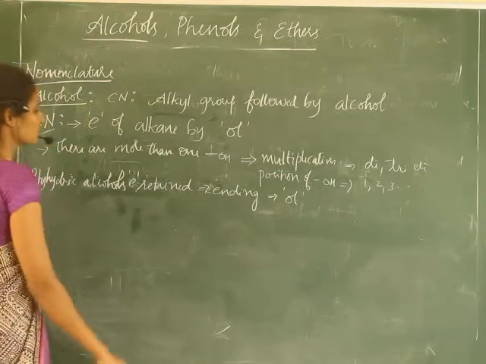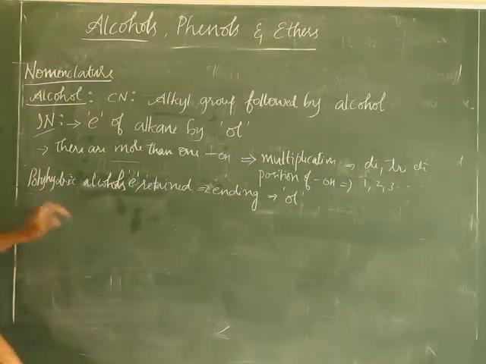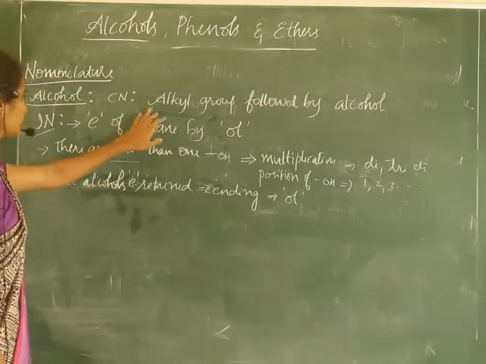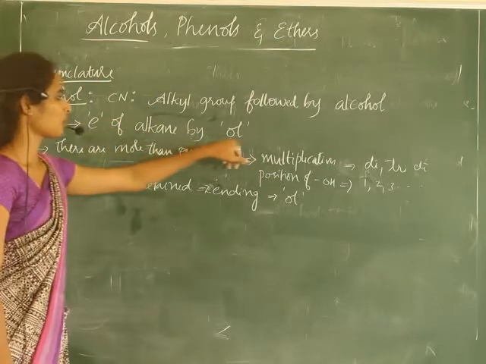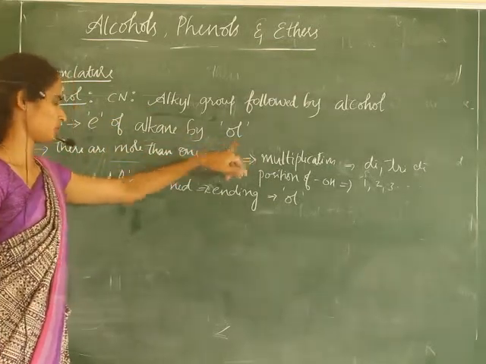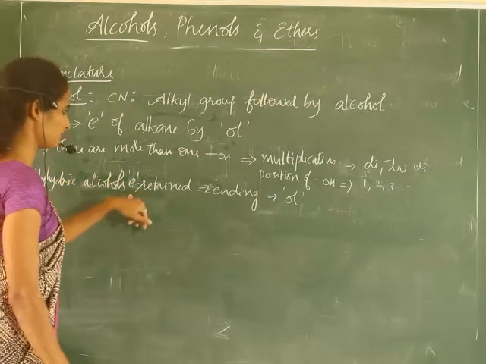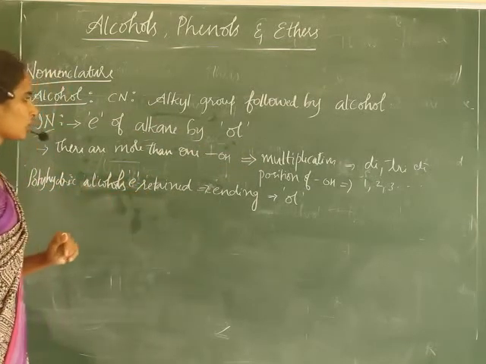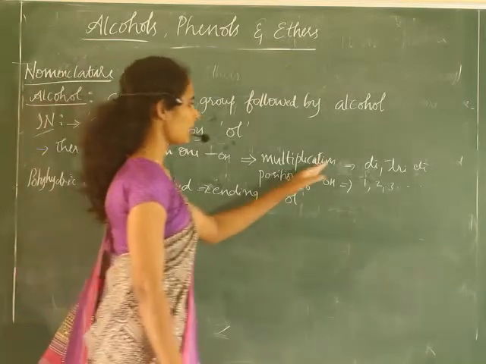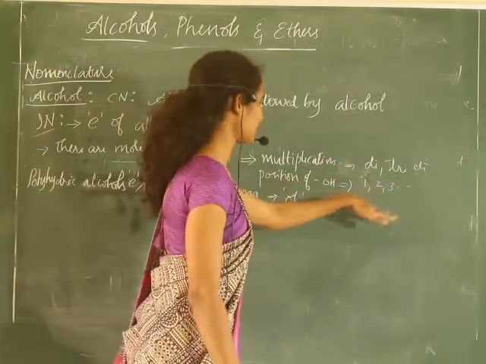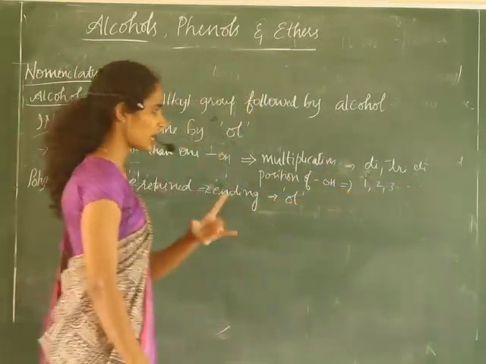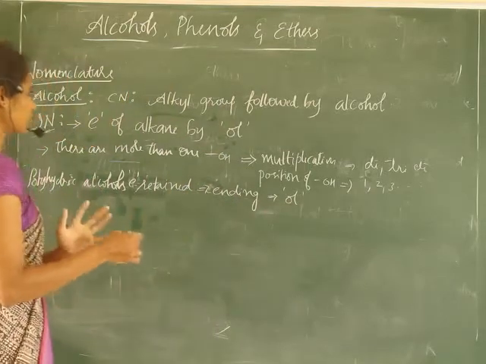Just remember, in monohydric alcohol, we replace E by ol. Here it is retained in a polyhydric alcohol, and multiplicatives are mentioned by di, tri, etc. and position by 1 to 3. I will give a few examples, then you will come to know.